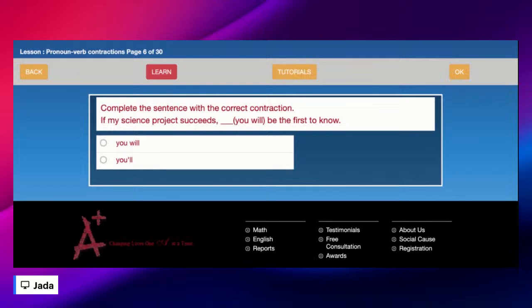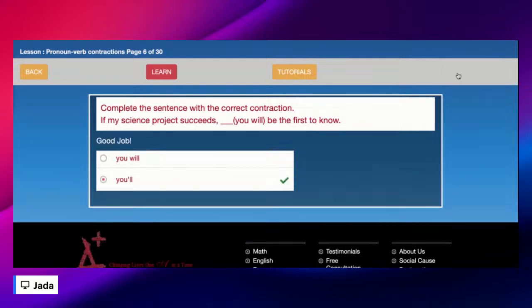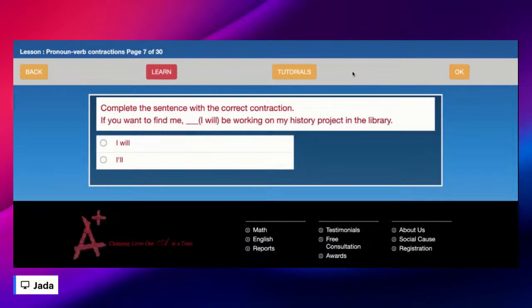I'm washing, but you guys, we have other contractions. We have he is, you will, they are, it will, so many contractions. So you can use other contractions, not only I am. For example, we have you will here, so you can use that as well to make sentences. So if you want to find me, I'll be working on my history project in the library.